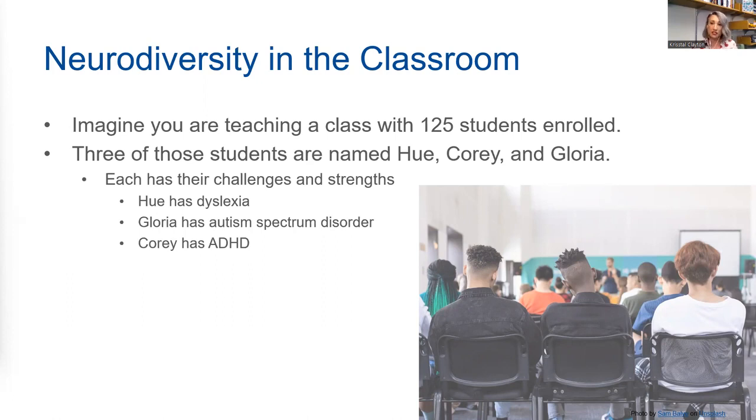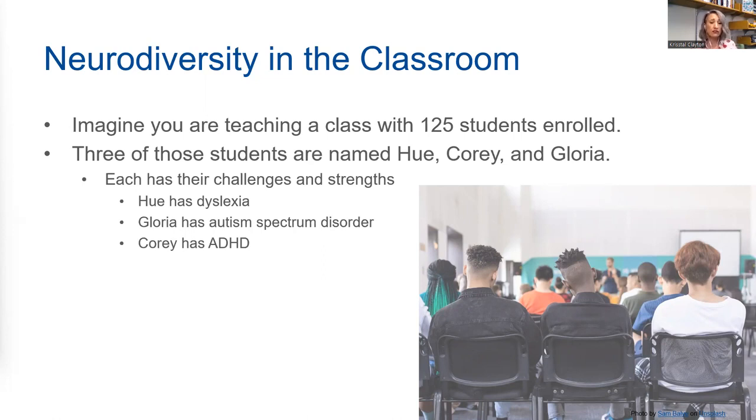So these imaginary students are named Hui, Gloria, and Corey. So Hui has dyslexia. Her challenges are reading at the same pace of her classmates, completing some assignments and exams in the time allowed, taking notes, and writing grammatically correct sentences. Then we have Gloria. She has autism spectrum.